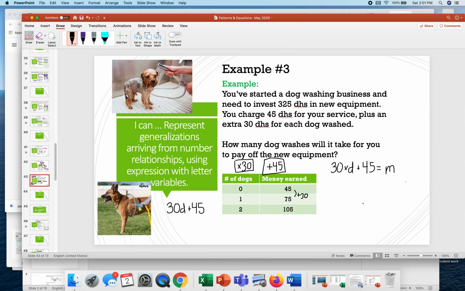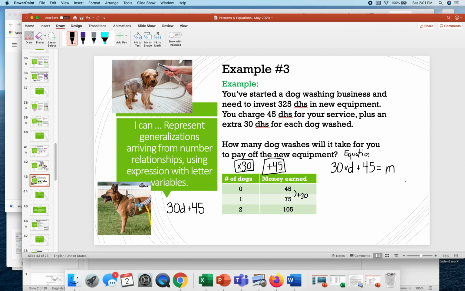Okay, there we go. This is our equation. Maybe we want to write this above. This is your equation, different than an expression because it has an equal sign. Okay, nice stuff.